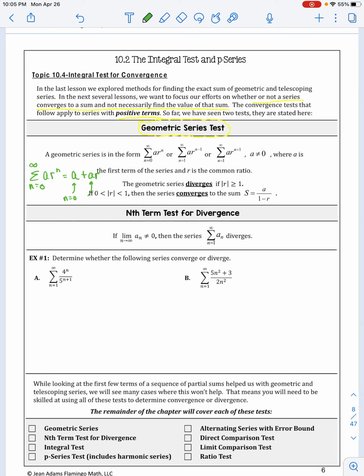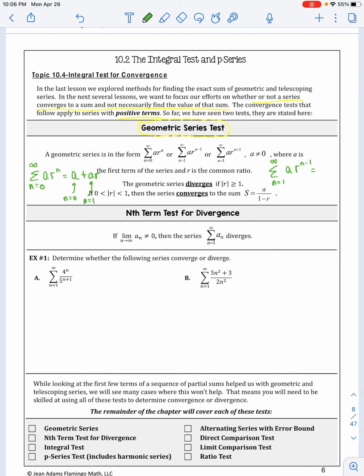And then the second value is going to give you a times r, because this is corresponding to when n equals 0, and then this one would be when n equals 1.